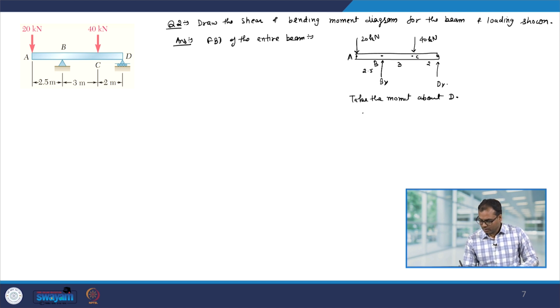So, we have 40 into the perpendicular distance, which is 2 meter, plus 20 into the perpendicular distance, which is 3 plus 2 plus 2.5, which is 7.5 meter, equal to By into the perpendicular distance, 3 plus 2 equal to 5.